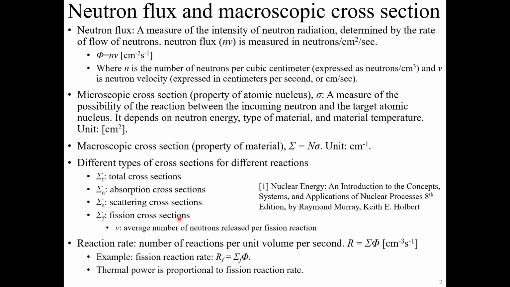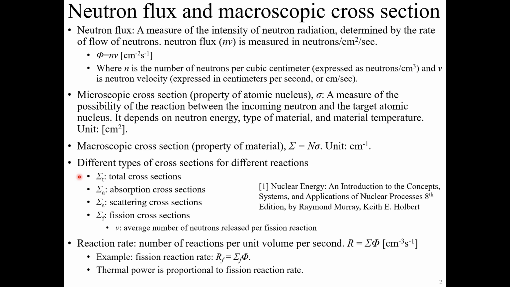In addition, another variable often associated with the fission cross-section is the nu, which is the average number of neutrons released per fission reaction. In this course, the macroscopic cross-section will be given by the problem as part of the material property.